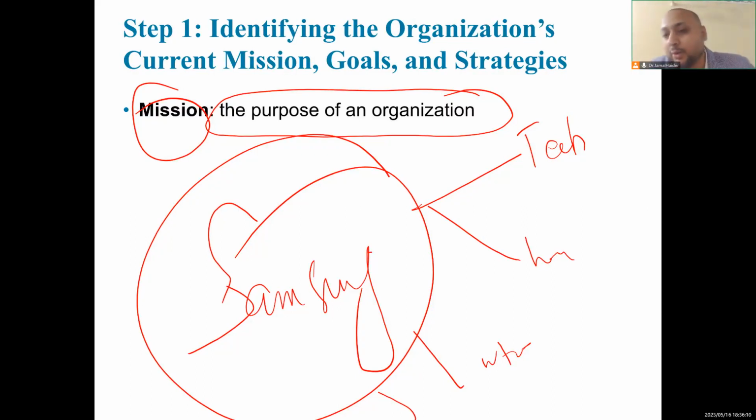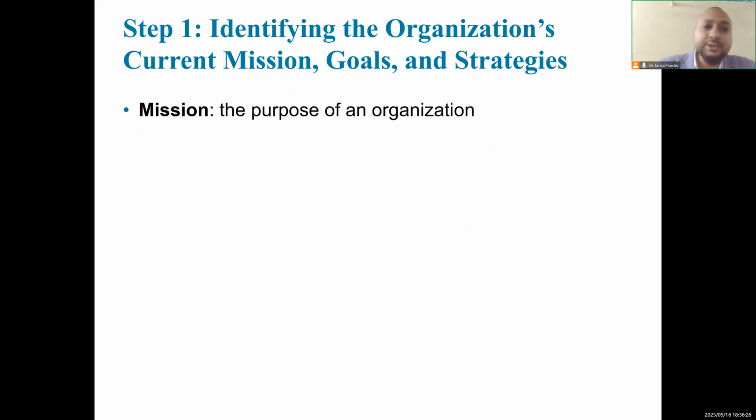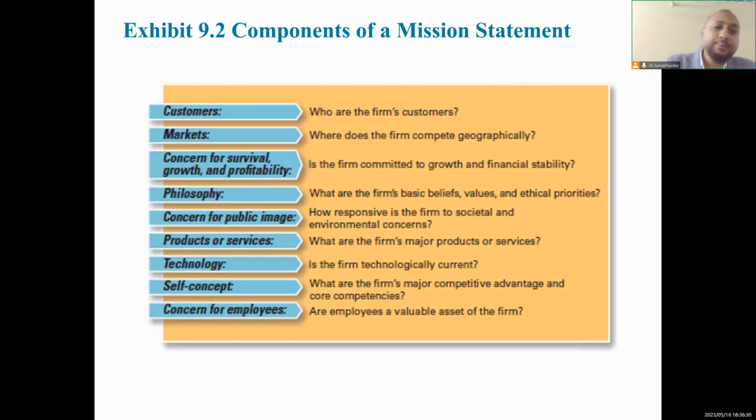But whenever you are starting the strategic management process, first you look at the company mission and then you try to formulate the strategy. So first you understand the purpose of this company, why we set up this company. So remember, the mission statement is very important, and a mission statement has these components.